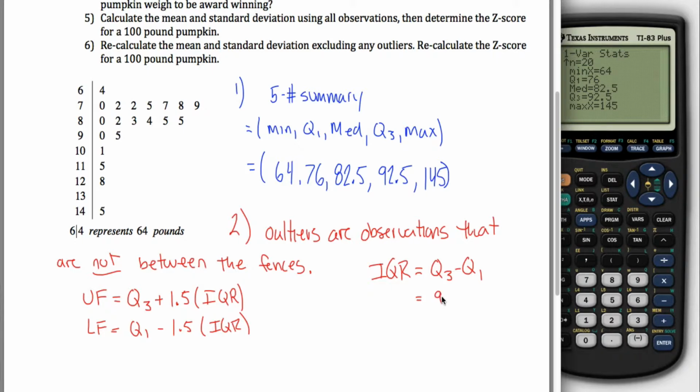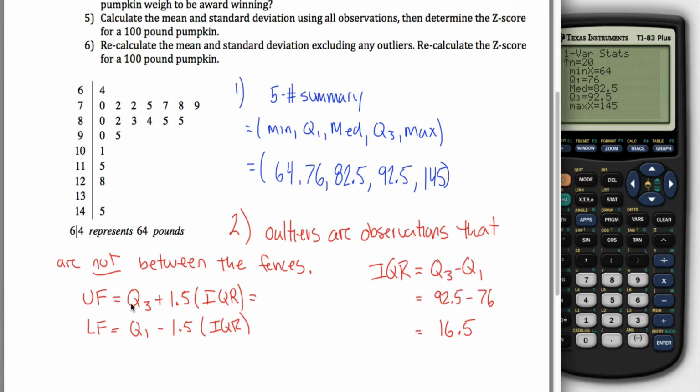So since Q3 was 92.5 and Q1 is 76, we subtract those two values and get, what, 16.5, I think, as our interquartile range. So what that's telling me is that my upper fence is, I'm going to run out of room, I guess I'll just write the answer.